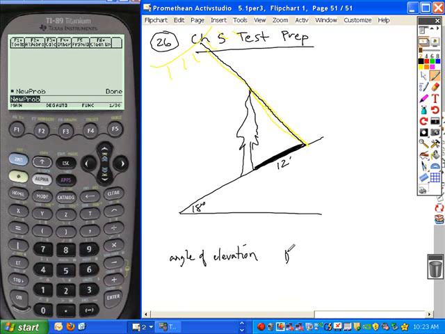If you have an eyeball, and it's looking straight across the horizontal, the horizon, the angle of elevation is the angle that it rotates to look up. So the rotation here, this angle measure, theta, is your angle of elevation. You also might see an angle of depression.